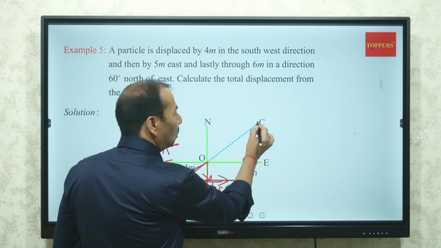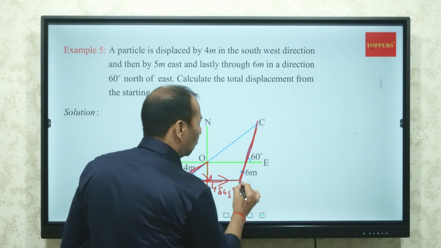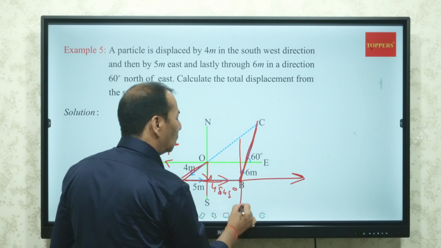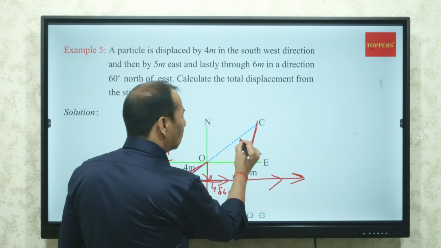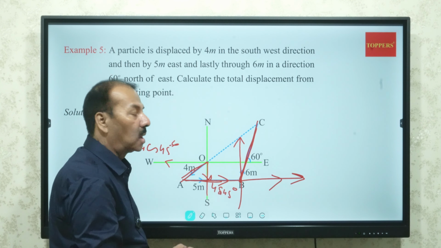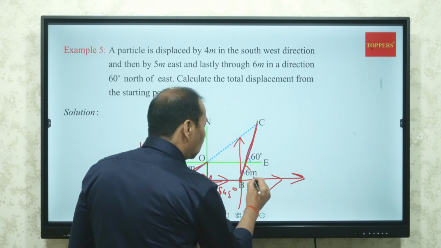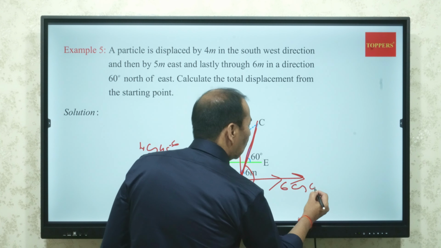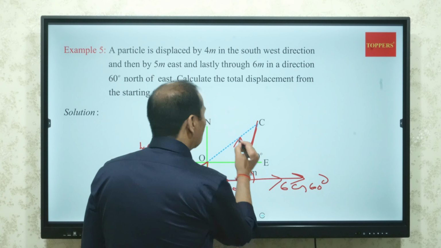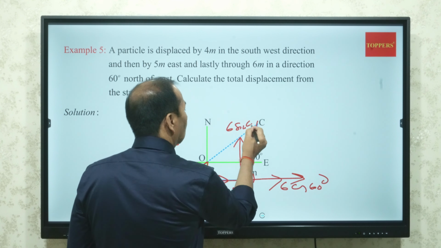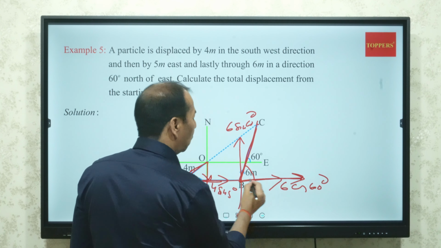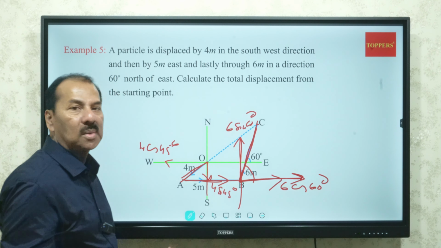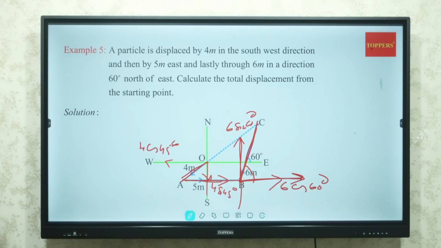So again we are moving up in this direction. One component will be this side, another this side. This is towards the positive x-axis and this is towards the positive y-axis. This angle is 60 degrees, so this will be 6 cos 60 degrees and this will be 6 sin 60 degrees. Both are along the positive x and positive y, so obviously both will be with the positive sign.